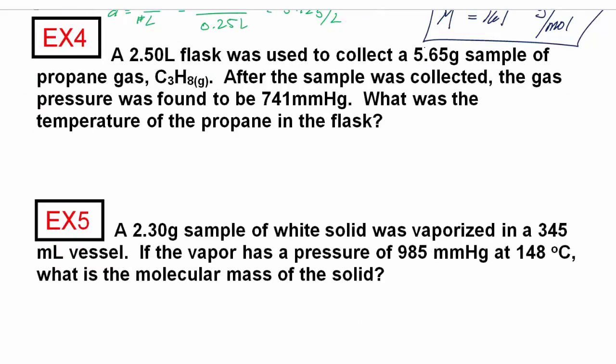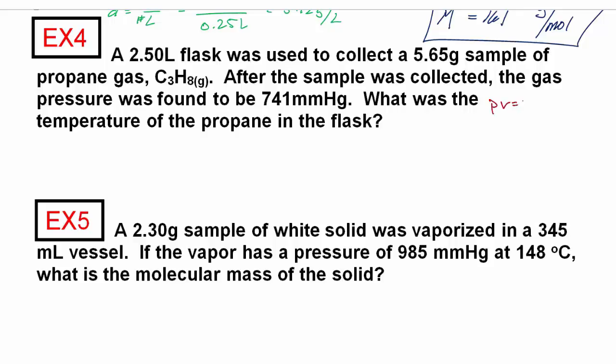So try this one. See if you can get the same answer as me. A 2.5 liter flask was used to collect 5.65 grams of sample. After the sample was collected, the gas pressure was found to be 741. What was the temperature of propane in the flask? We've got a couple choices here.